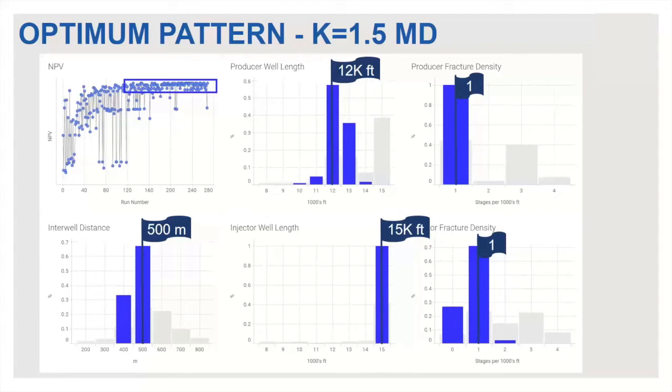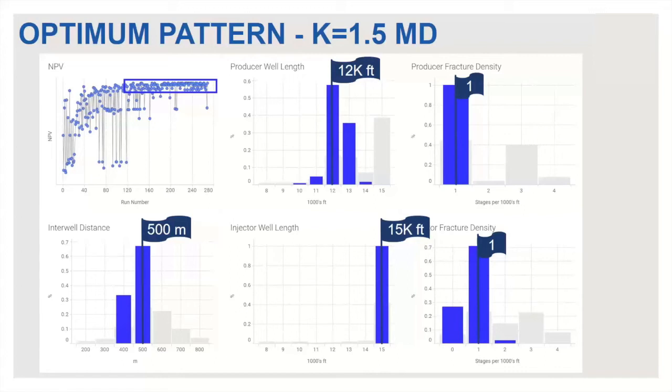So what it really means is that once you reach this 15,000 feet limit for your injector, drilling a longer producer is not worth it. Why? Because it cannot be supported by the line injectors. Drilling a longer producer would just mean spending more drillex with no additional revenue.